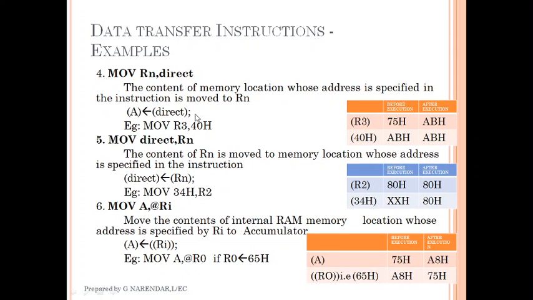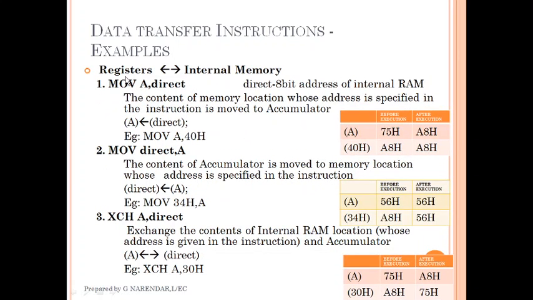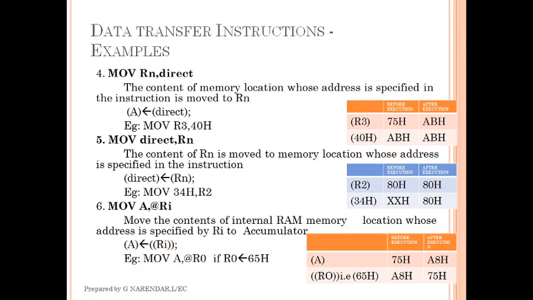And next we have set. The first instructions actually moved data between accumulator and certain internal memory location. Similarly, we can move data between certain internal memory location and any register Rn.